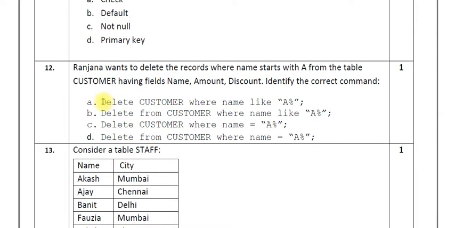Now it leaves us A and B. Delete customer. What does it mean, delete customer? Okay, now it says delete from customer where name like A modulus. So just think like that. Try the elimination system. Over here like is not there, so let's eliminate these two. Then we have only two options with us, and which one is going to be the answer?